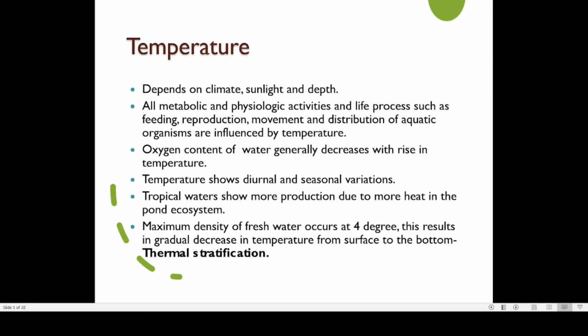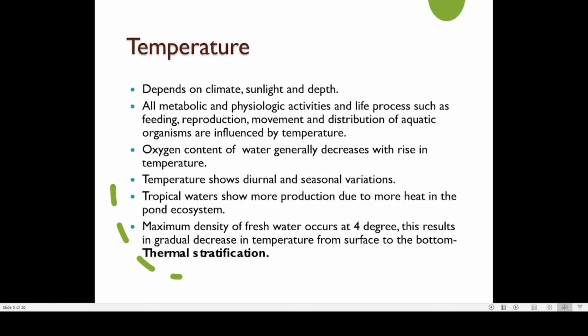The reason is that ice is less dense than water, because water has the highest density at 4 degrees. So just below the ice there will be a layer of water at 4 degrees centigrade, because that water is denser than solid ice. The solid ice is less dense. That is why it floats on the surface of water. So that is important.